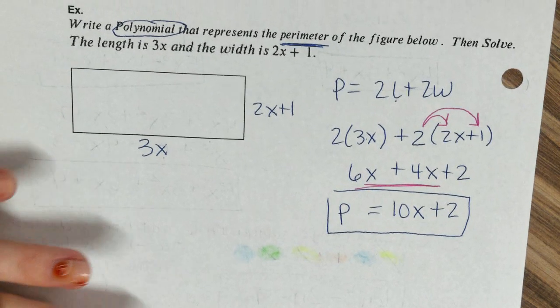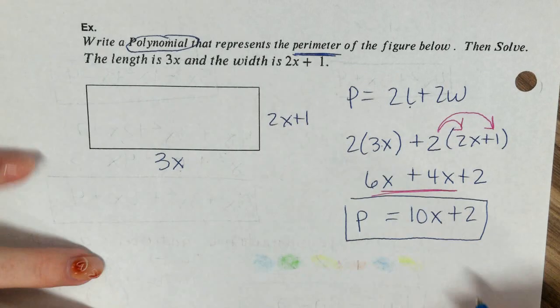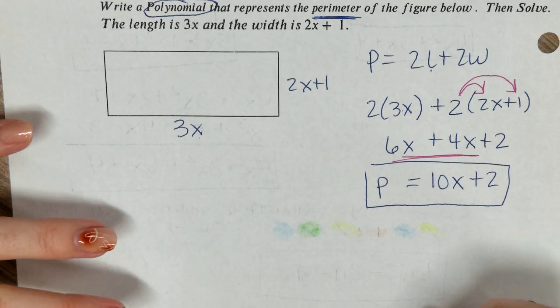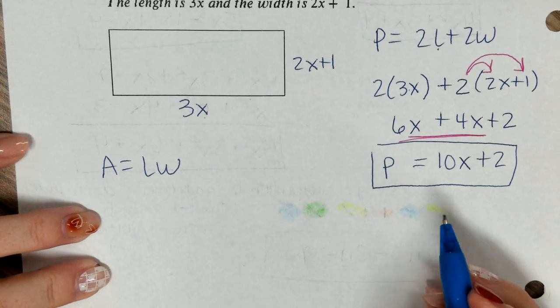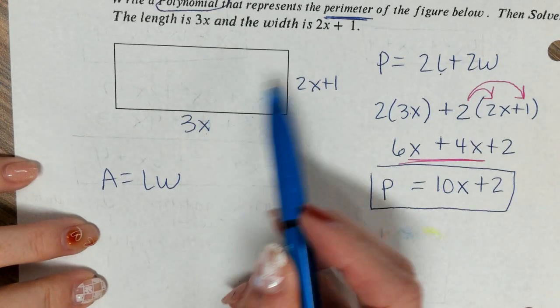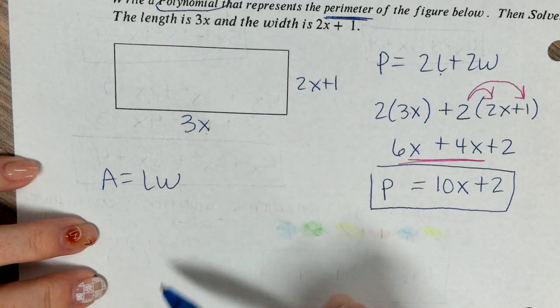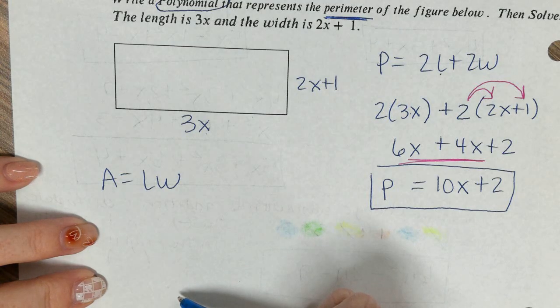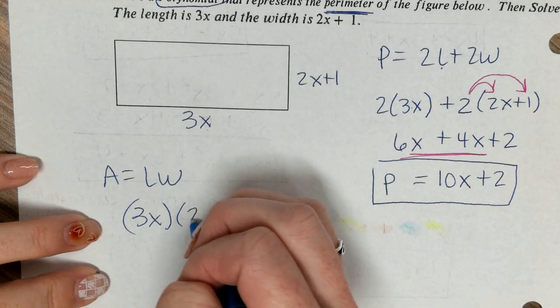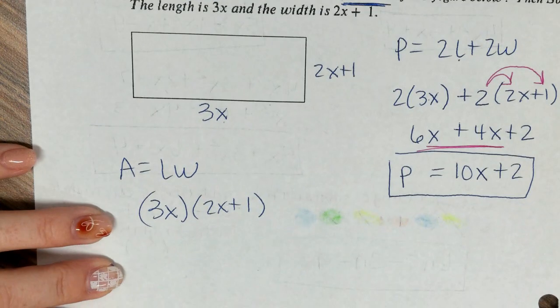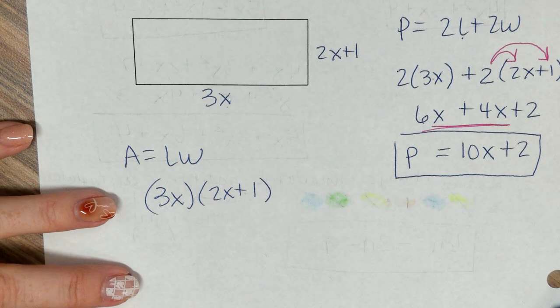Now we're going to find the area. What is the formula for area of a rectangle? So write it down. Area equals length times width. So all I need to do is multiply these 2. Do you think they need parentheses? Yes. So I'm going to do 3x. I'm going to just put it in parentheses, and I'm going to multiply it by 2x plus 1. Isn't that just distributive property again?